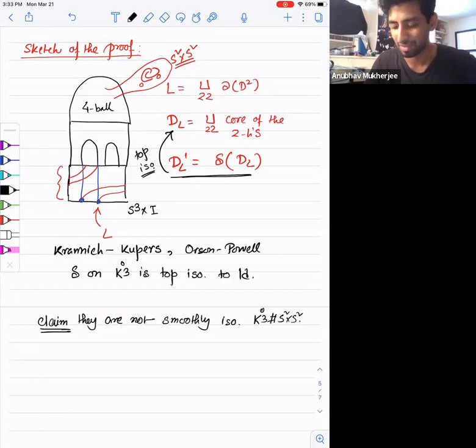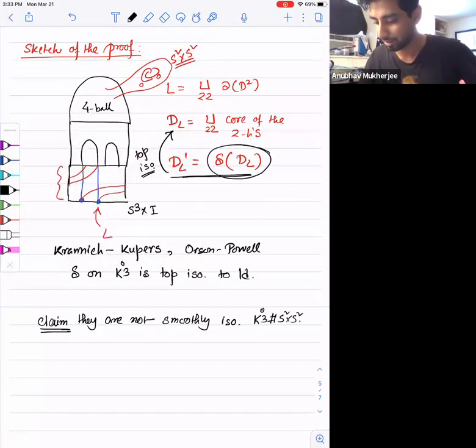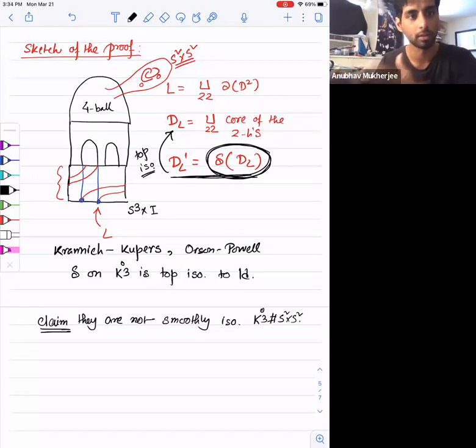Sorry, the picture would be very messy if I tried to draw all the Dehn twists, so for simplicity I drew it here. But I just apply the Dehn twist on all the disks together. So DL prime is that you apply the Dehn twist on all the disks at the same time. That would be your DL prime.